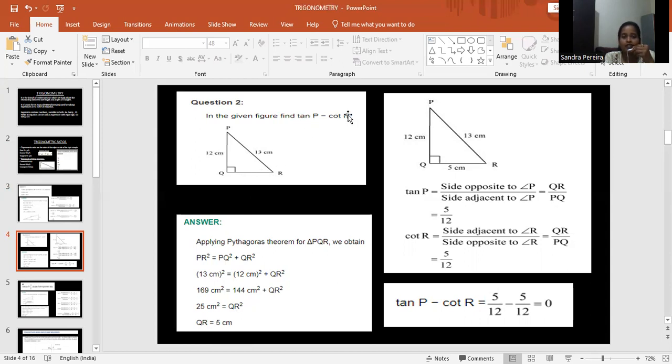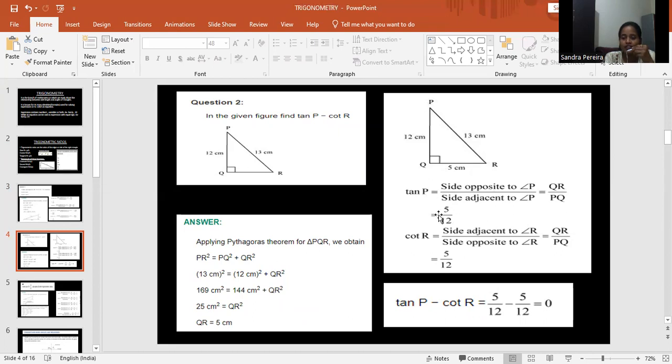And now we have to find the value of tan P minus cot R. Here we have taken angle P. So opposite of angle P will be this side QR, so this will be taken as P, and this adjacent side will be taken as B. So here tan of angle P is equal to P by B, that is perpendicular distance QR by base PQ.